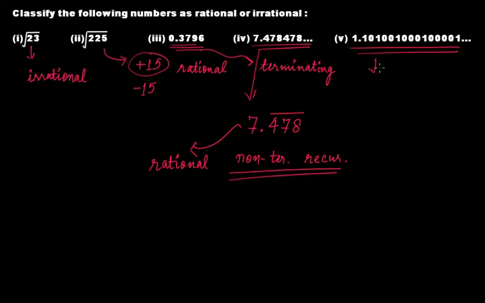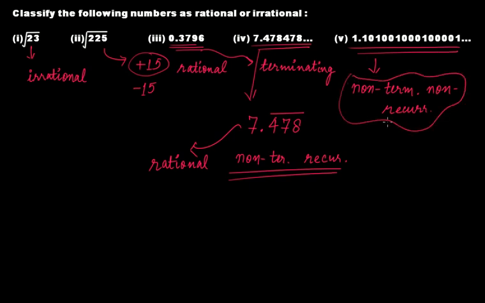It means that this is non-terminating, non-recurring. Why non-recurring? Because we don't have any particular block that repeats itself. So a non-terminating, non-recurring decimal expansion is actually what? Irrational numbers. Again, we have discussed all these things yesterday.